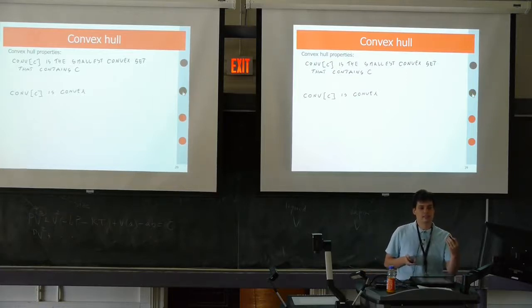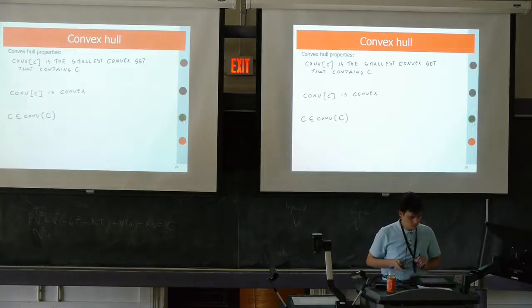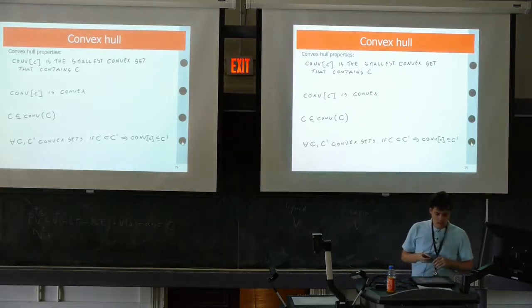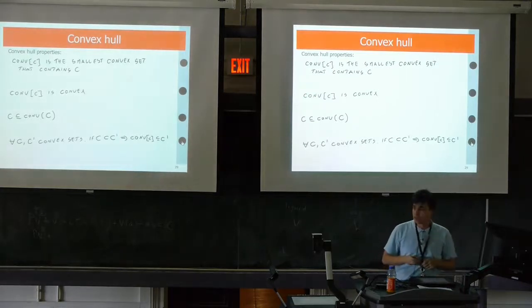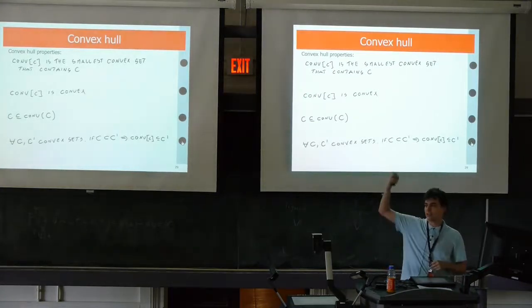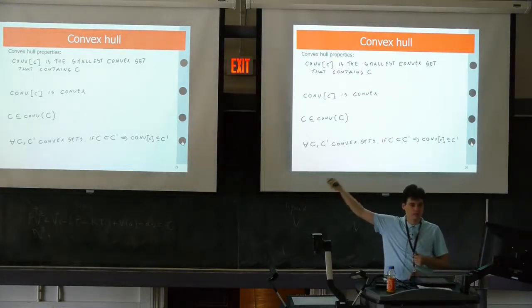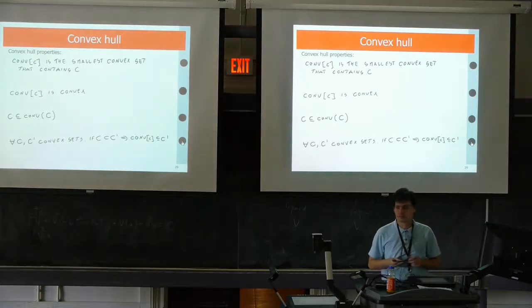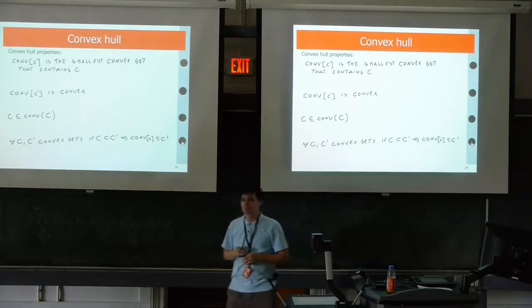The set C is inside of the convex hull of C. And you can also prove that for any two sets, C and C prime, if C prime is convex and C is inside of C prime, then the convex hull of C will be inside of C prime as well. Okay?